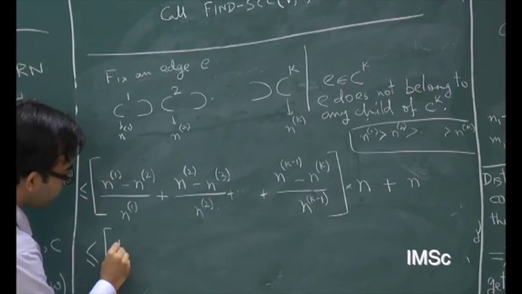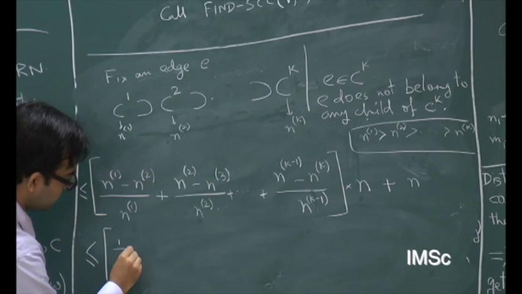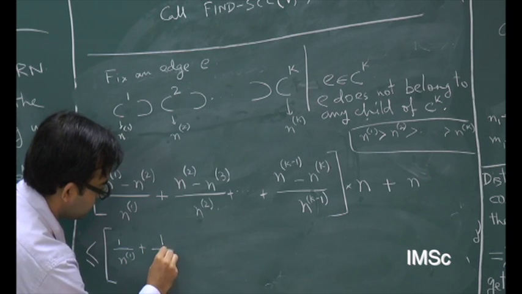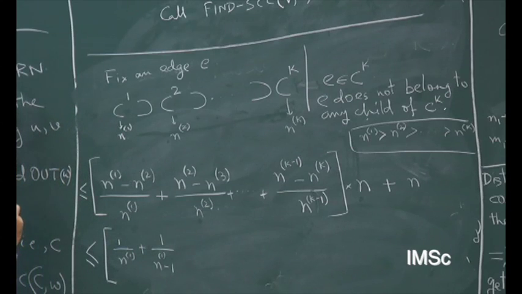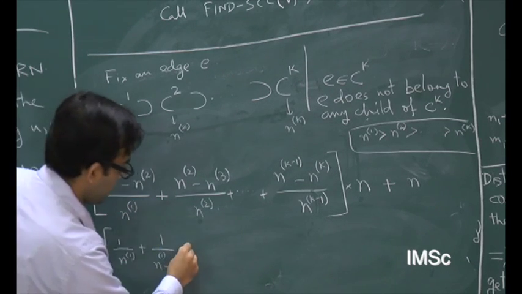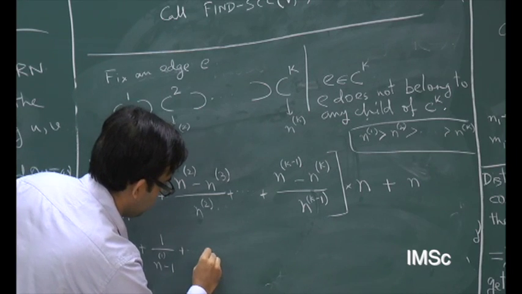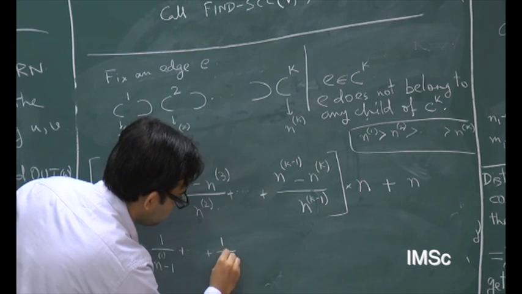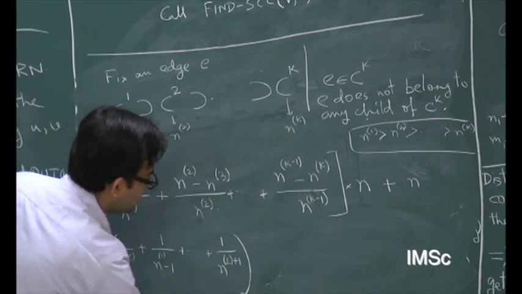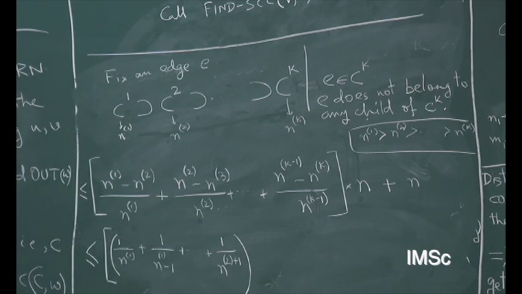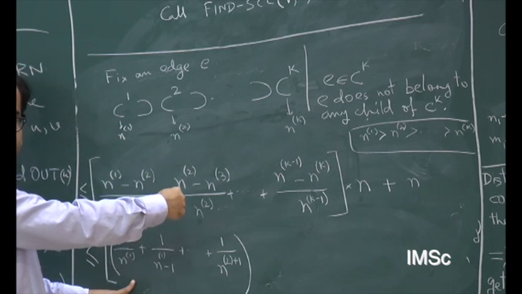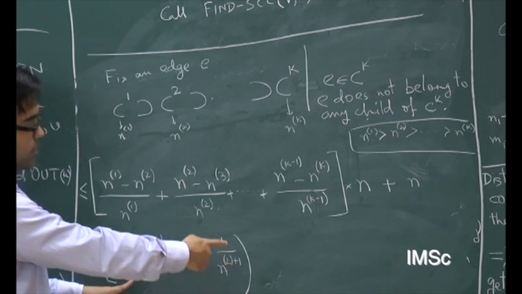The first time you add 1 over n1, the next time you add something more, 1 over n1 minus 1, the next time 1 over n1 minus 2, until you reach 1 over n2 plus 1. This whole thing is an upper bound on this quantity, because there are n1 minus n2 terms, the same number of terms, and the denominators here are only smaller.